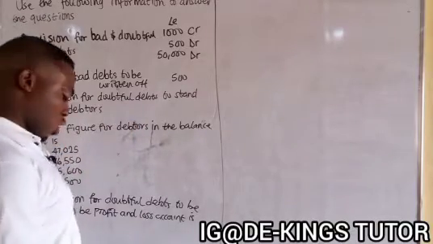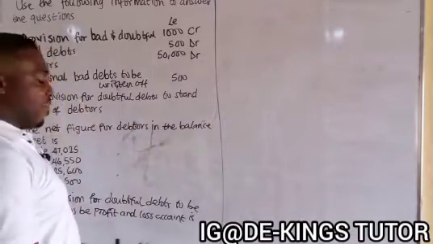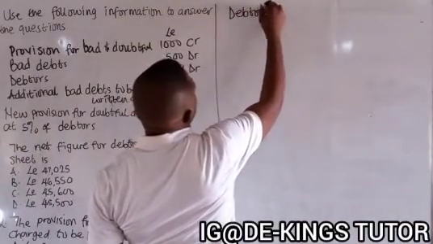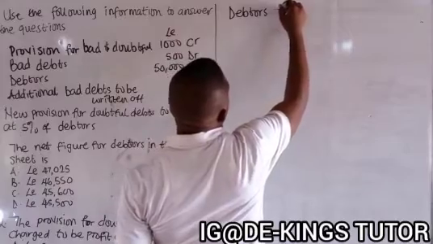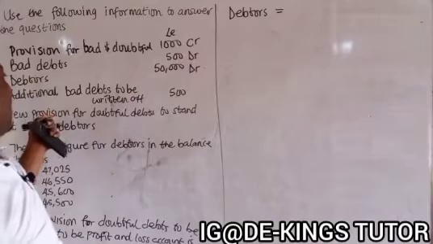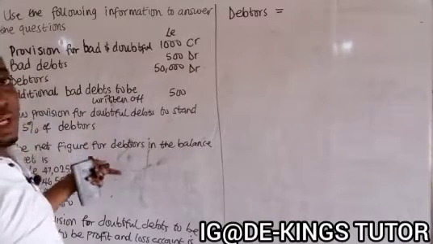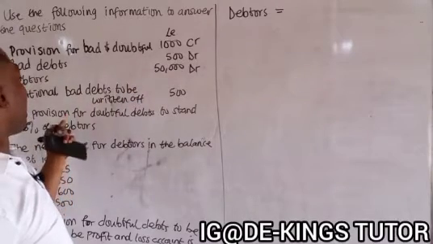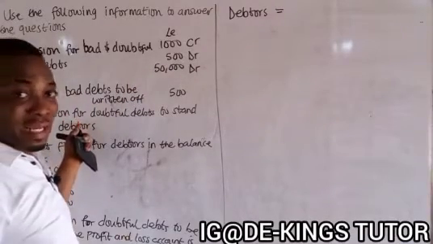So in this situation, what do you do to get the debtors' value? Watch. Whenever you have a bad debt as additional information, you must deduct it from the debtors' value before you compute any provision for bad debt.